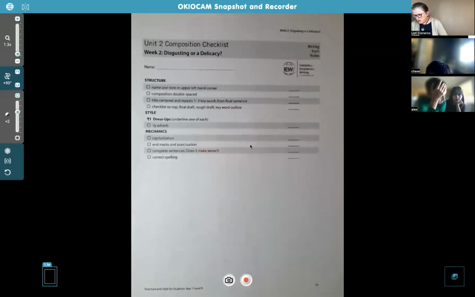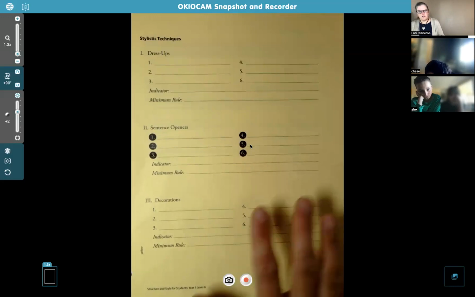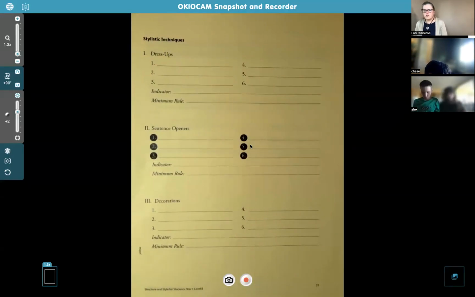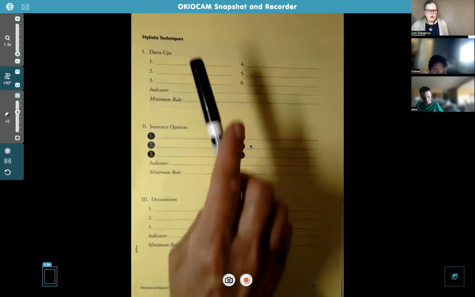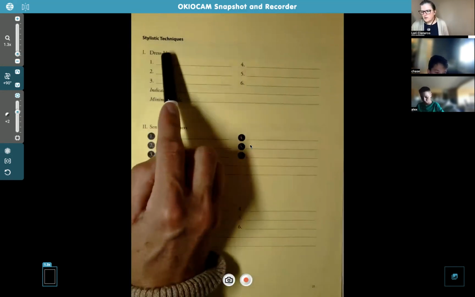Super important. The next piece of paper I want to go over with you is yellow. And it's this one, page 21. So go ahead and get out this page 21. Should be in your stack of stuff that you put in the front of your binders. Here is how we're going to slowly fill in this list. It starts with dress ups right here.